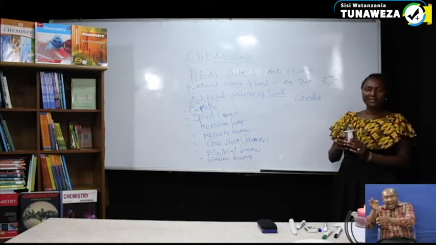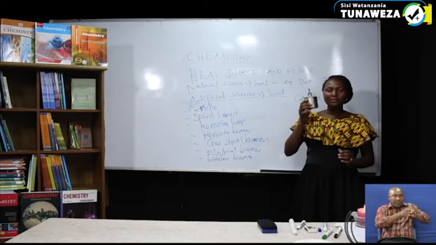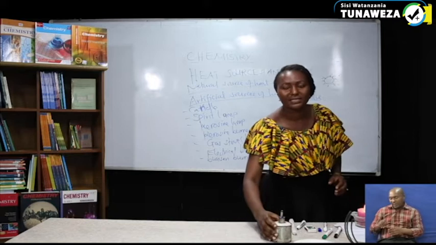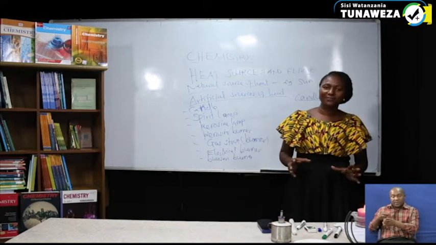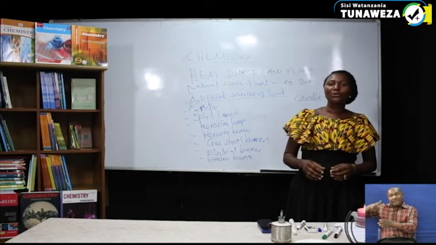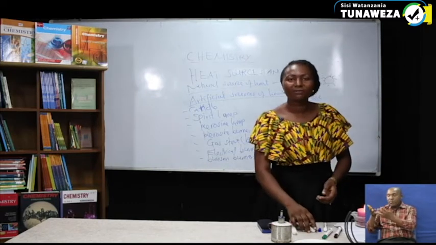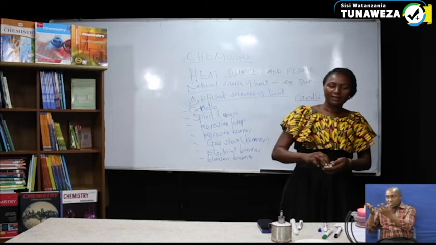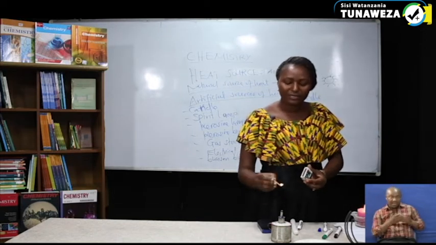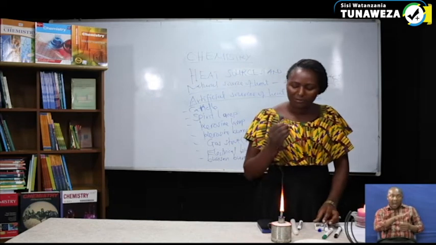They are two different things. The kerosene lamp is this one. It uses kerosene as the source of fuel, and it produces yellow flame, as in the candle.